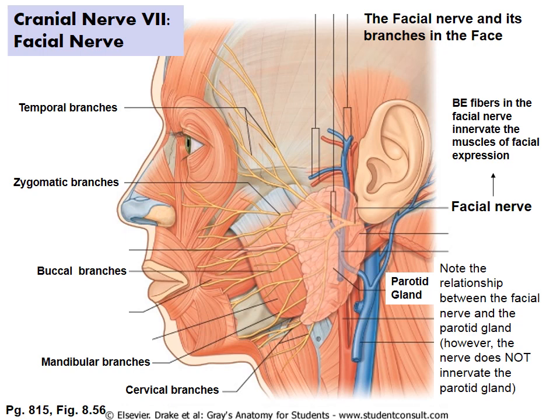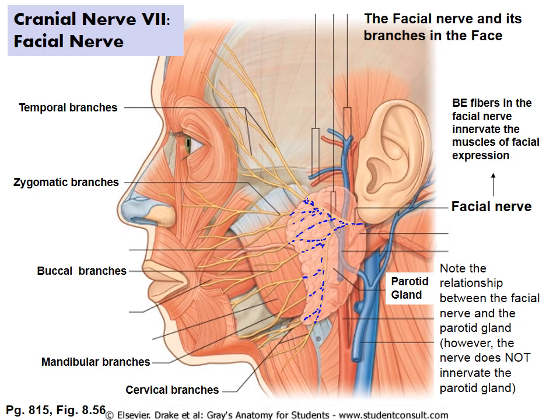So here we see the facial nerve, at least its motor distribution out into the face to serve the muscles of facial expression. I'm drawing a dotted line showing you that this facial nerve is extensively intertwined within the parotid gland, but interestingly, like I said before, it does not innervate the parotid gland.